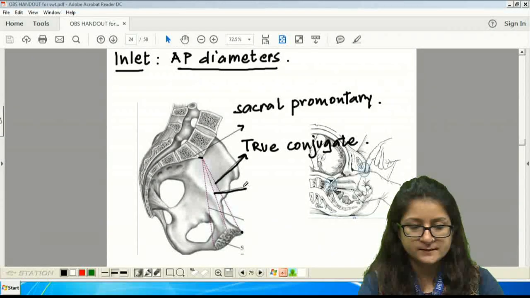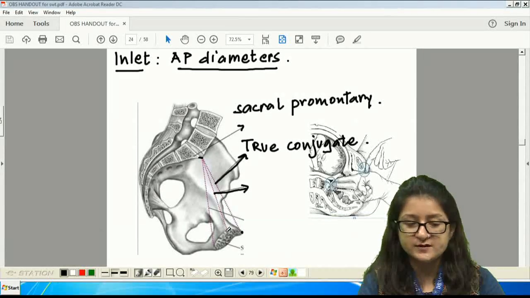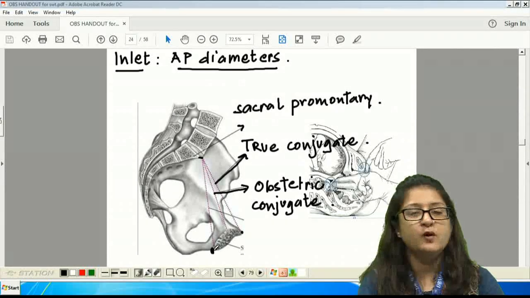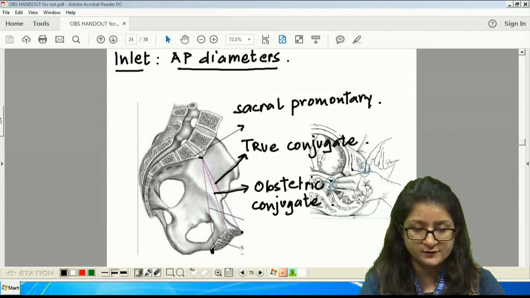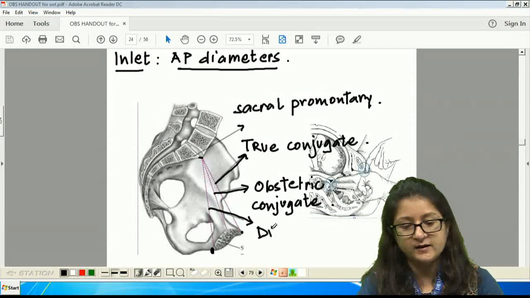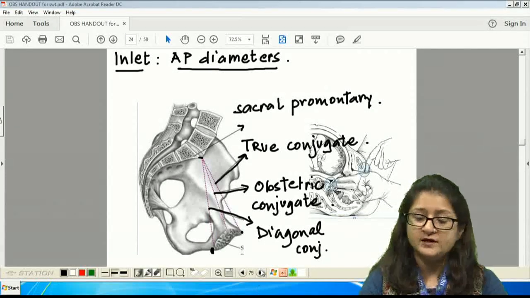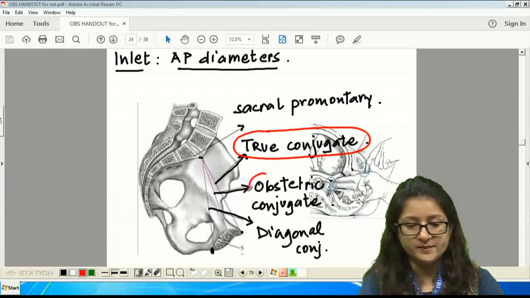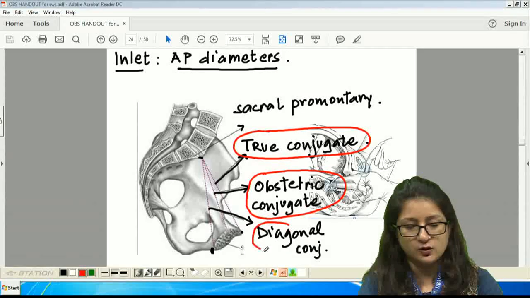This, from the back point of the symphysis pubis to the tip of the sacral promontory, is the obstetric conjugate. And this, from the lower border of the symphysis pubis to the sacral promontory, is the diagonal conjugate. So we have three main anteroposterior diameters: the true conjugate, the obstetric conjugate, and the diagonal conjugate.